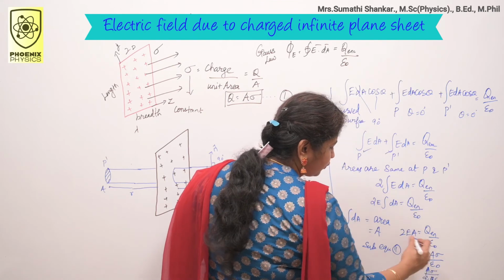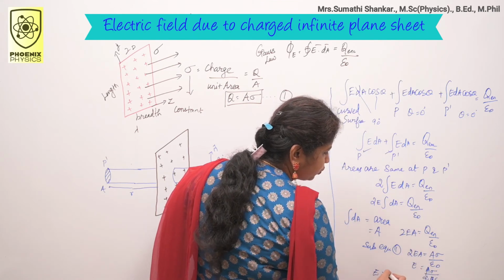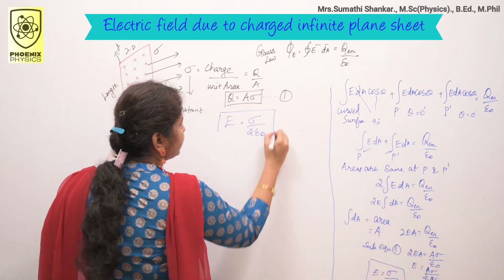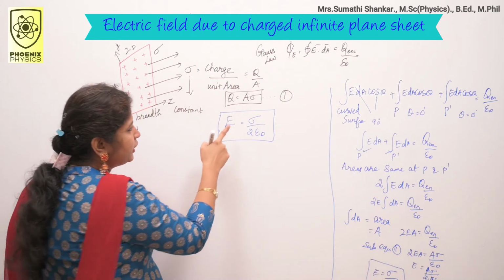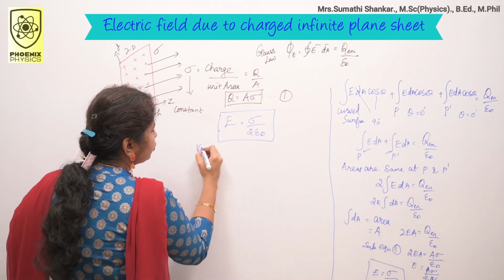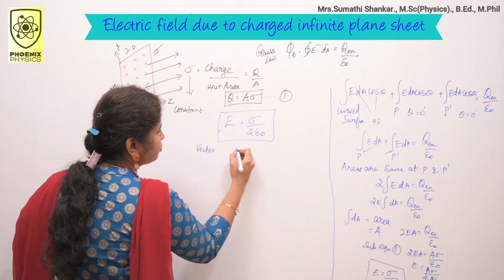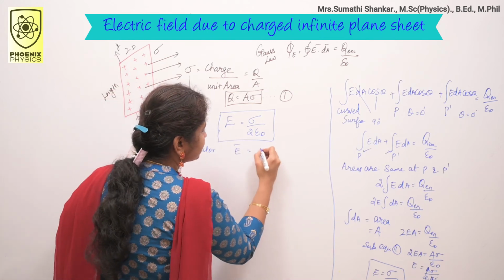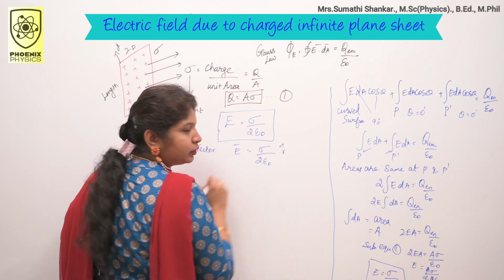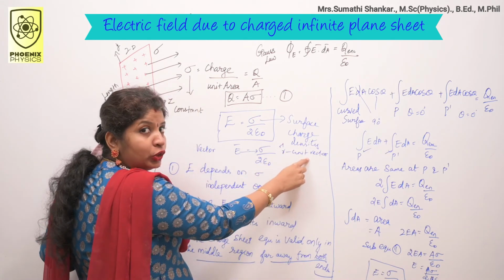Cancel this, so finally you get E is equal to sigma by 2 epsilon naught. So we calculated the electric field E is equal to sigma by 2 epsilon naught. If you want to write it in vector format, E vector can be written as sigma by 2 epsilon naught r cap. Here r cap is nothing but the unit vector.